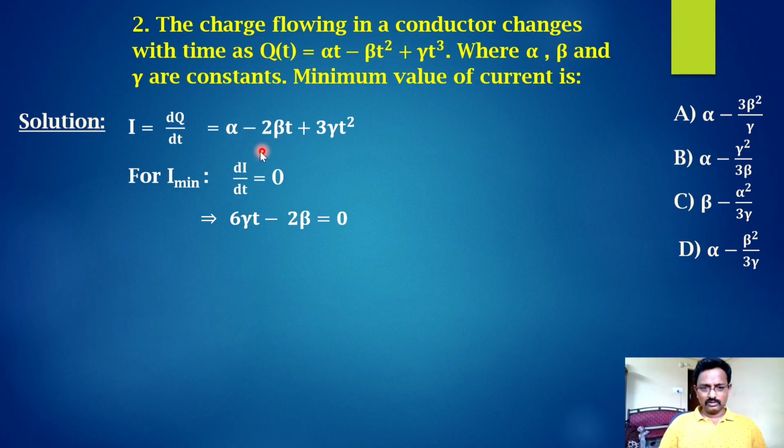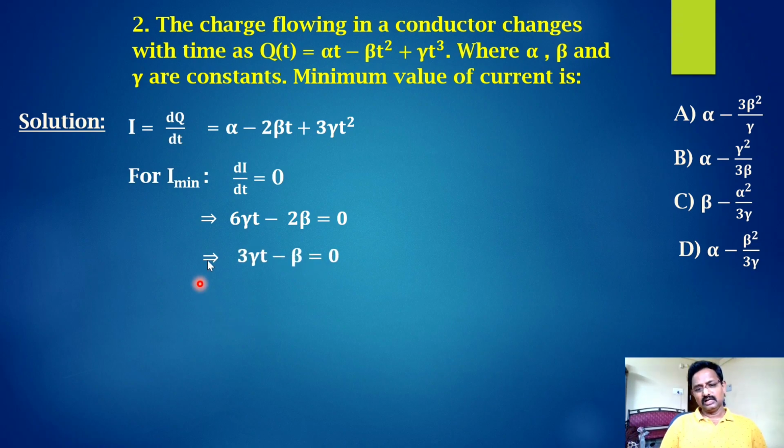The derivative of alpha is 0, the derivative of 2 beta t is 2 beta, and the derivative of 3 gamma t square is 6 gamma t. So we got 6 gamma t minus 2 beta is equal to 0.